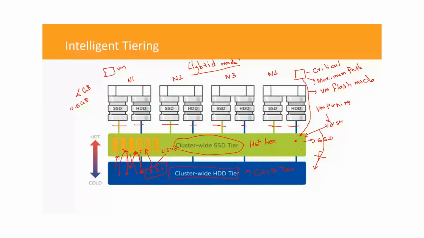I repeat, the generic behavior of the hybrid model offers intelligent tiering. The most frequently accessed data sits in the hot tier, and less accessed or unaccessed data sits in the cold tier. In the hybrid model, we have only two SSDs, and in those two SSDs we have mirroring, so we have very limited storage for cache.